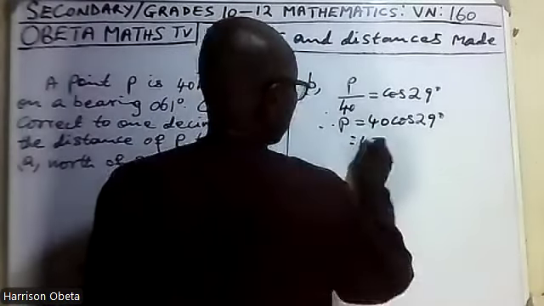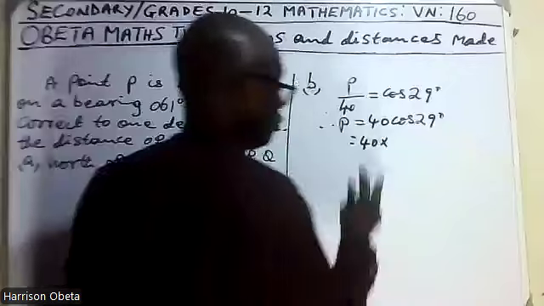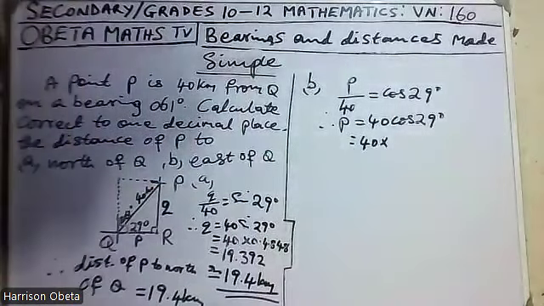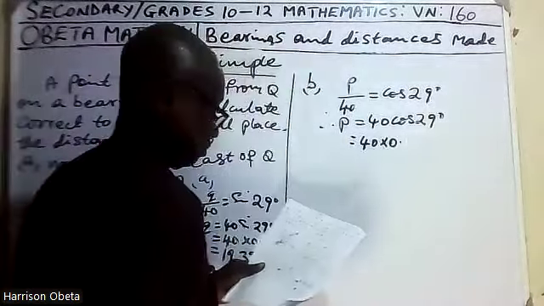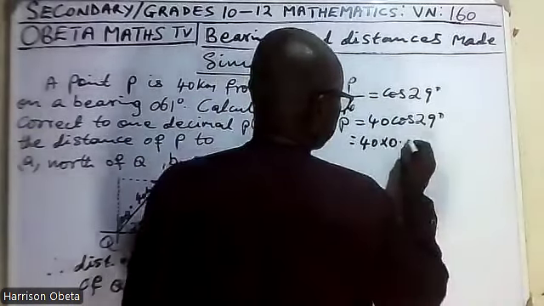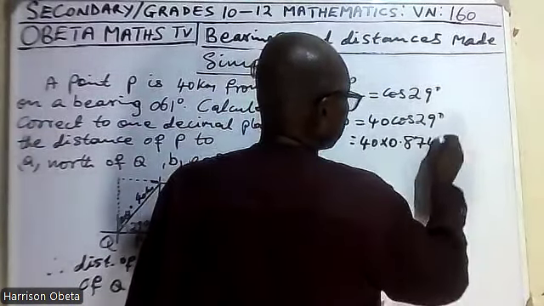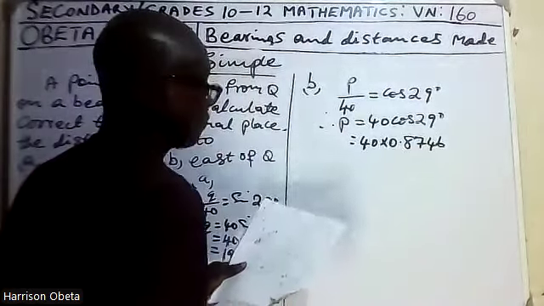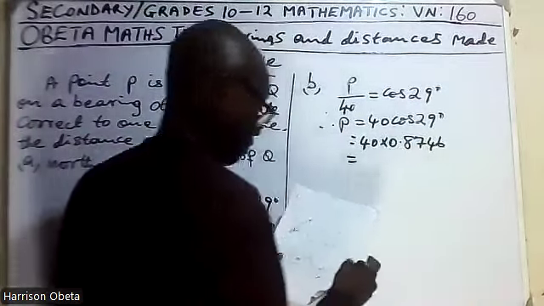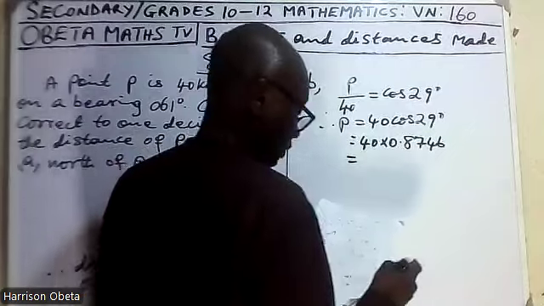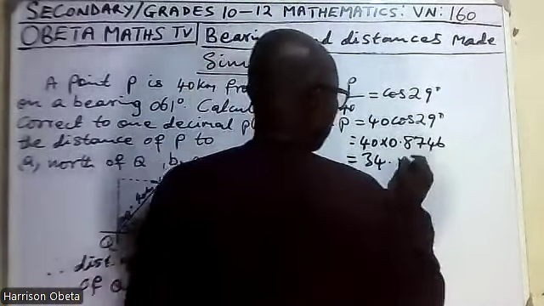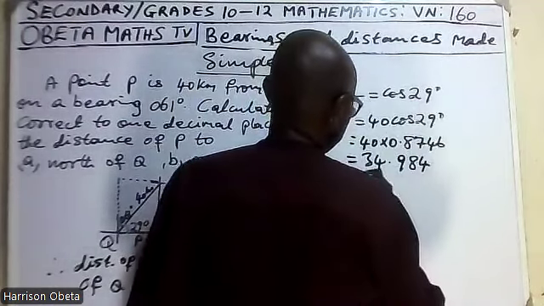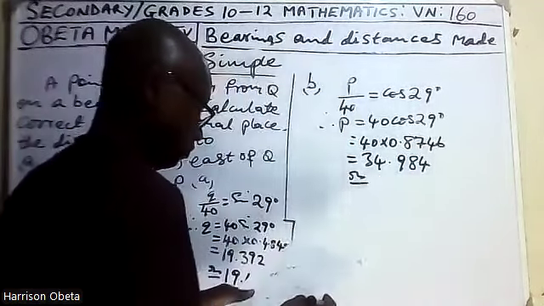And that will give us 40 multiplied by, you check the value, 0.8746. So, which is 34.984.